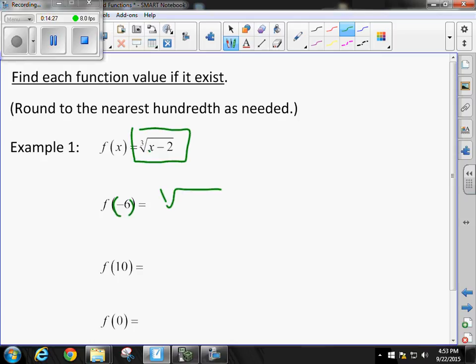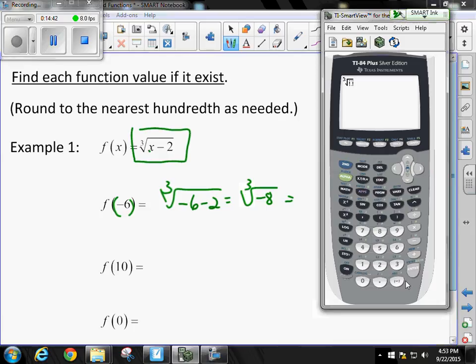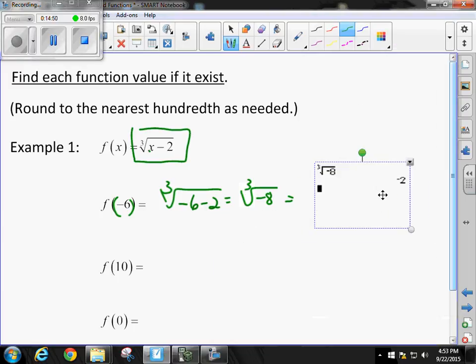So I'll have the cube root of negative 6 minus 2, which gives us the cube root of negative 8, and with Math 4, the cube root of negative 8 is equal to negative 2. So you don't have to round that one off. That comes out even.